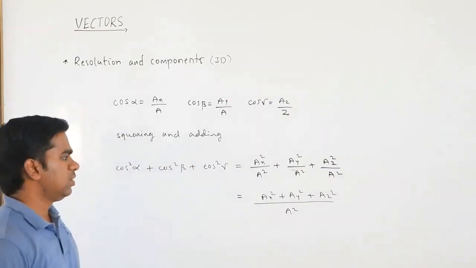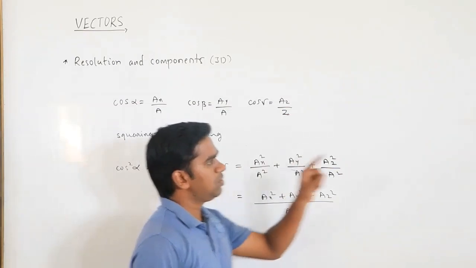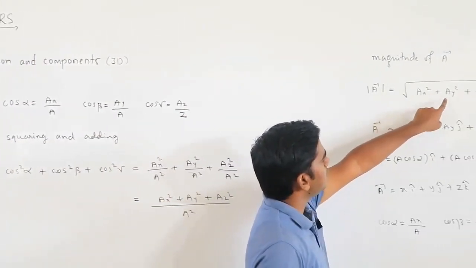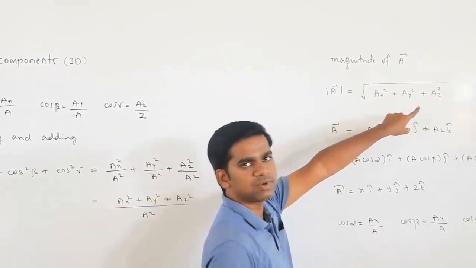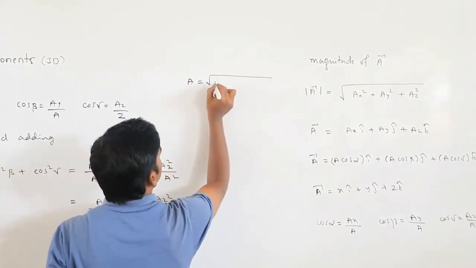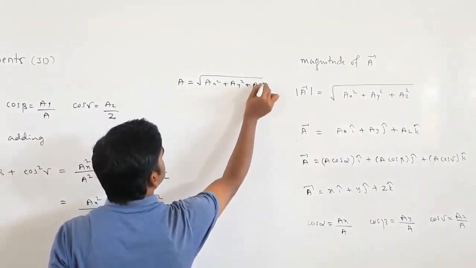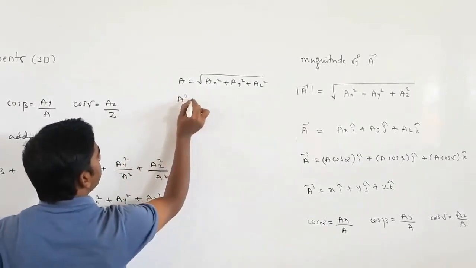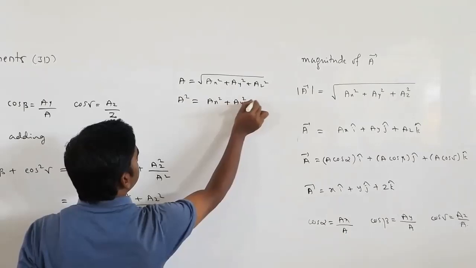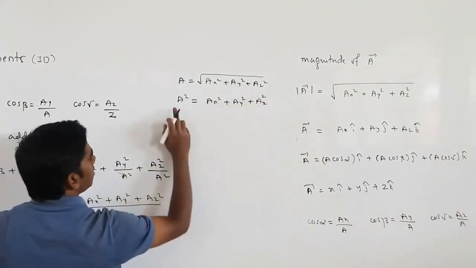What is this? We know A equals to root of Ax square plus Ay square plus Az square, means magnitude of A. Squaring on both sides, A square equals to Ax square plus Ay square plus Az square.